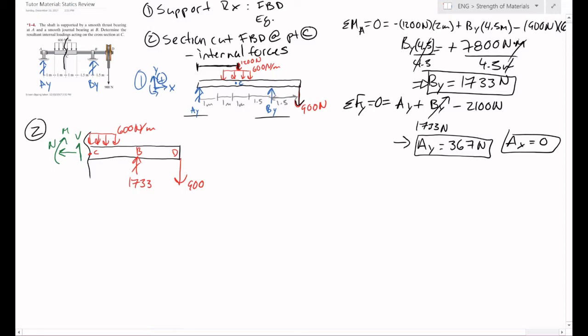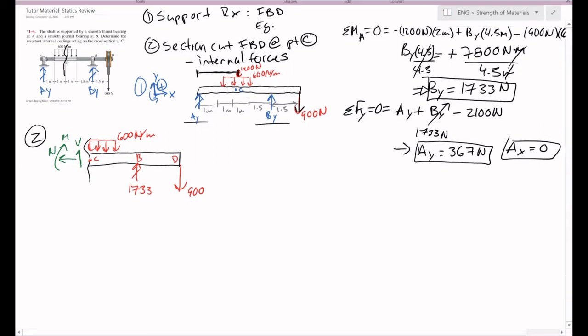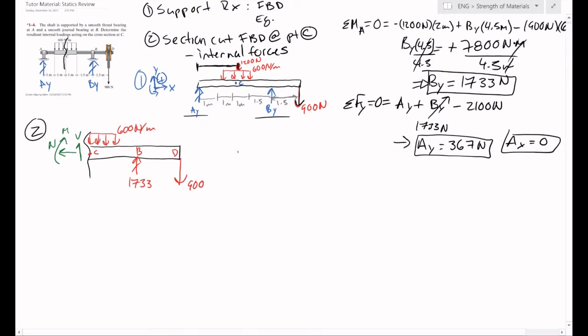Alright, just to remind you, this is what the sign convention is for shear and normal. Let's do this in brown. For shear, we want it that when it's positive, it causes a clockwise rotation.